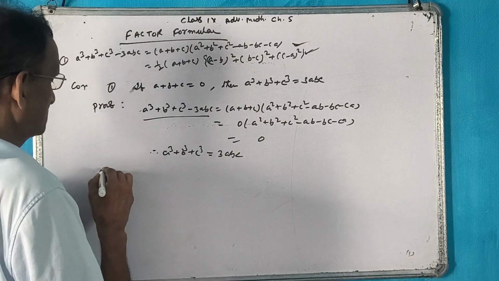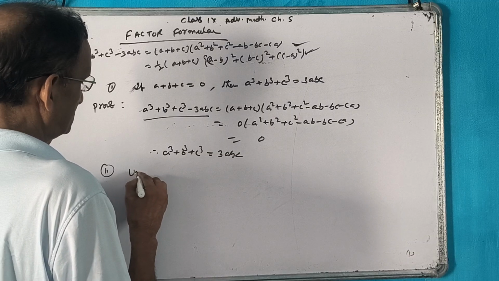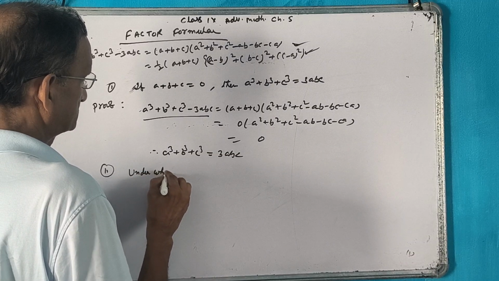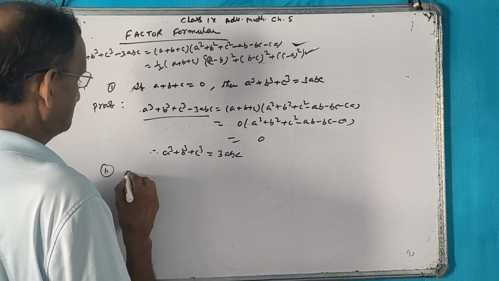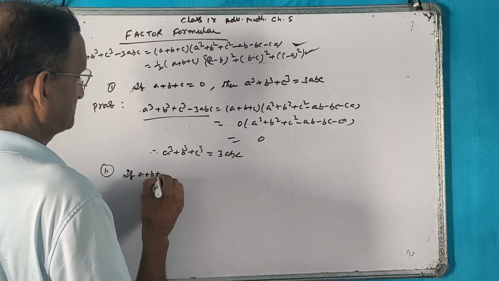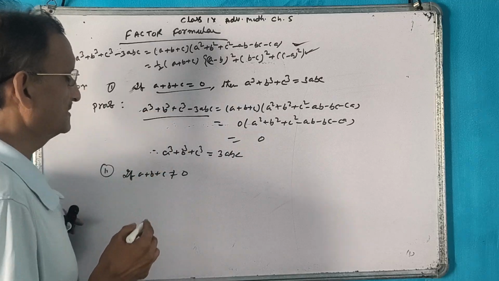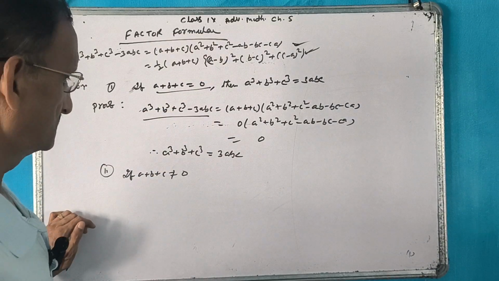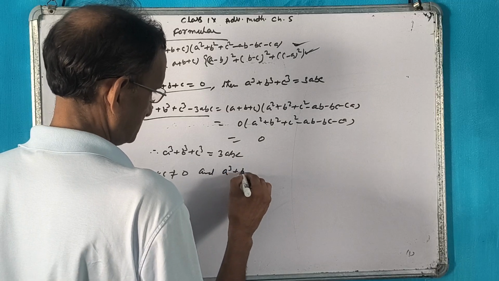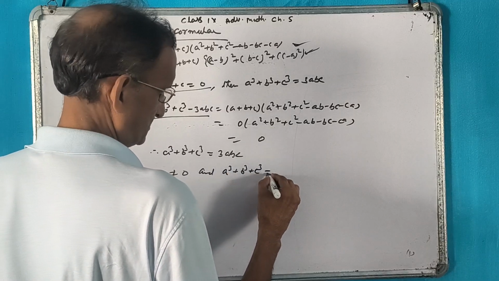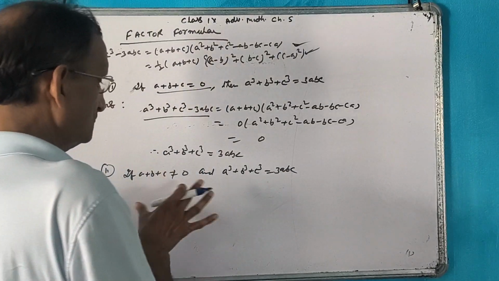One more corollary is there. Here you need to find the condition. If a plus b plus c is not equal to 0, it may not always be 0, and a cube plus b cube plus c cube is equal to 3abc, then we need to find the condition.